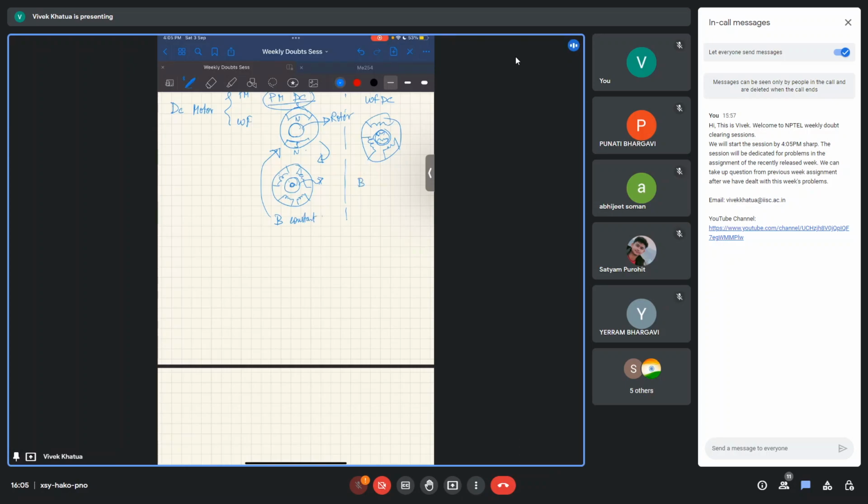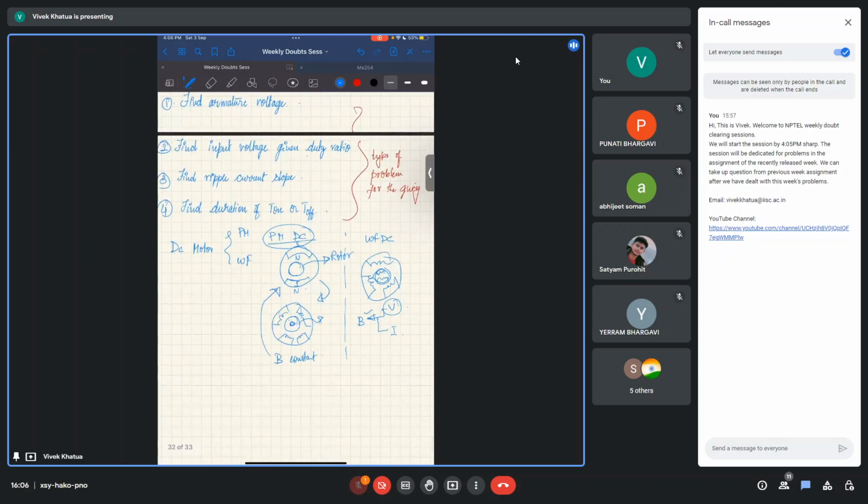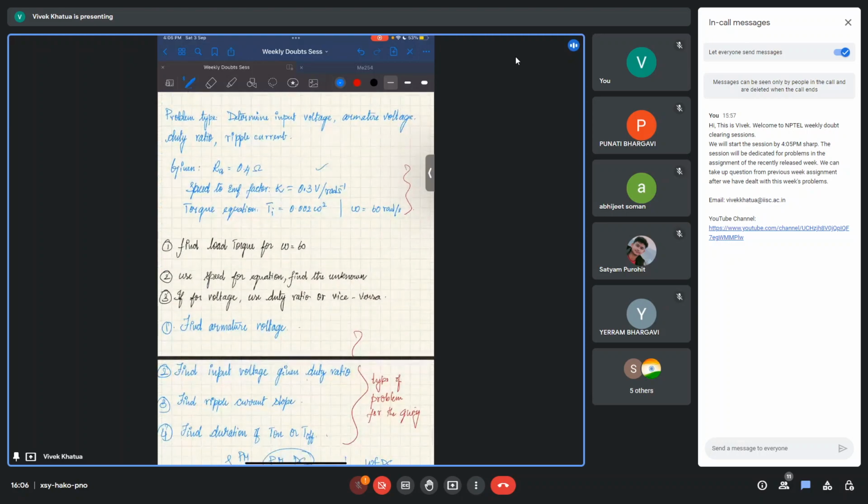Here you can control B, either by voltage control or current control. We'll generally use voltage control. So we'll be dealing with these kinds of motors to solve such problems. Let me just copy this question.